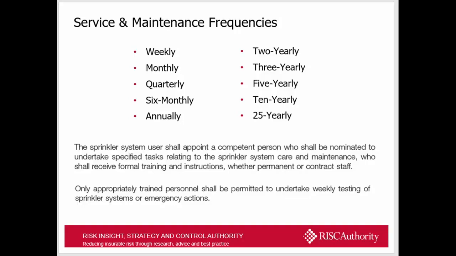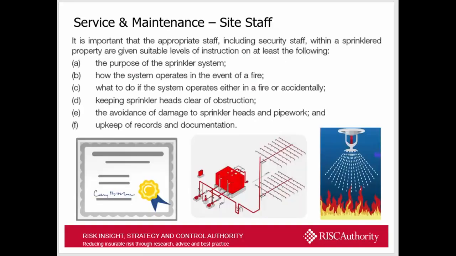And that's whether they are permanent or contract staff. And like I say, only appropriately trained personnel should be permitted to undertake the testing of sprinkler systems or emergency actions.